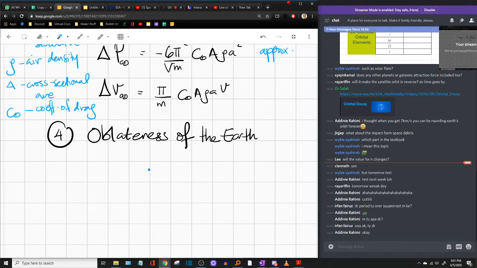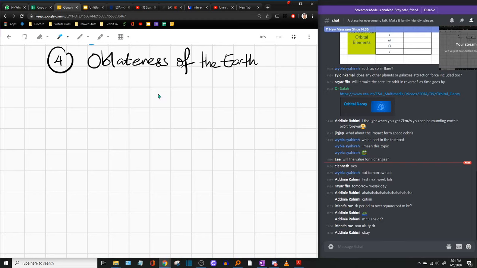The last one and the most important one, I will continue this tomorrow. This is the most significant one, the obliqueness of the Earth. We usually call this the J2 perturbation. What is J2 actually? The short explanation is this: when you try to describe a sphere that is not really a perfect sphere, you are going to have what we call zonal harmonics.